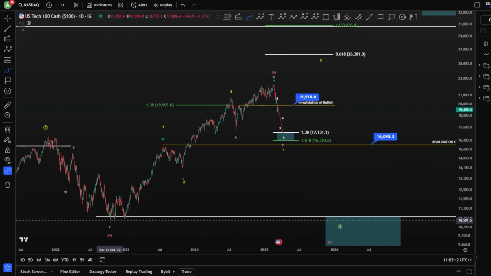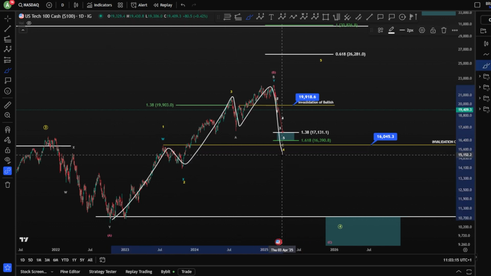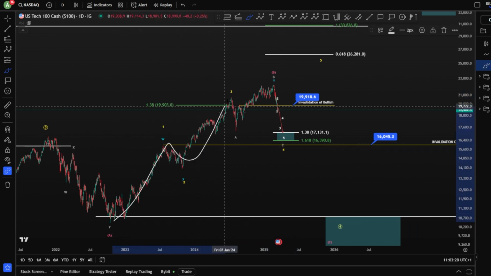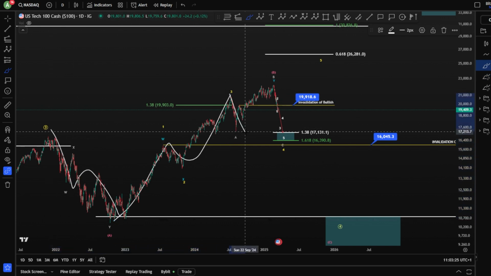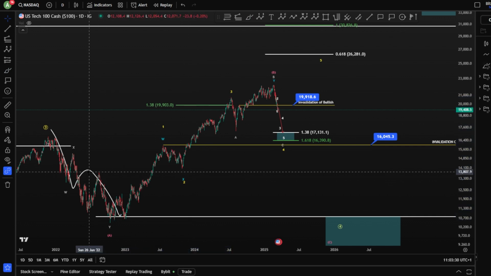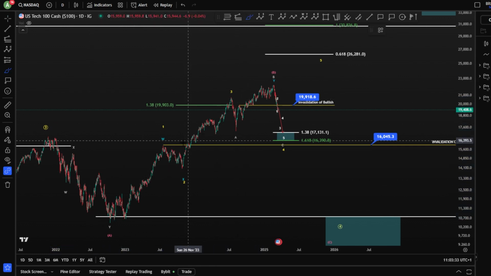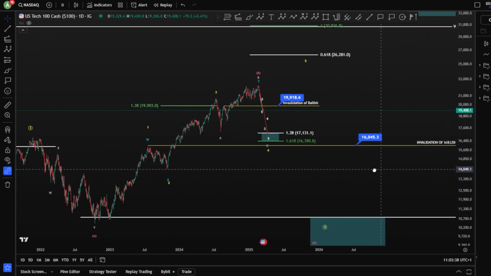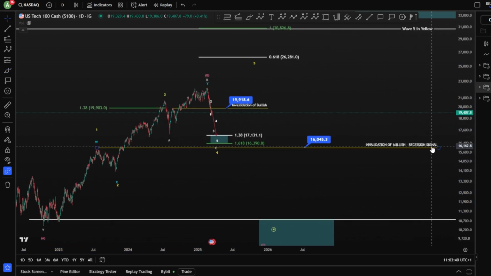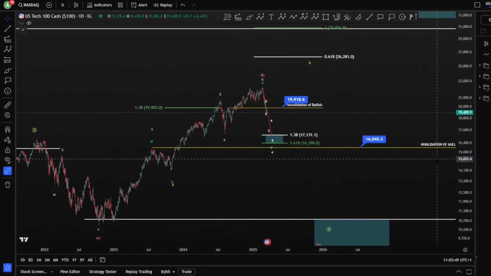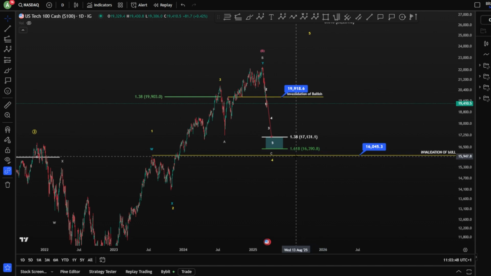As a rule from Elliott wave, wave 4 is not allowed to interfere with the zone 1, meaning direct invalidation, transforming this to 3 waves up and turning it into a big expanding flat toward the downside. So basically, we still have a chance for a turn in the market. If this scenario happens as a big expanding flat and we take the 16K, I would say recession signal, as you can see. This is going to be our recession signal in case we take this invalidation.